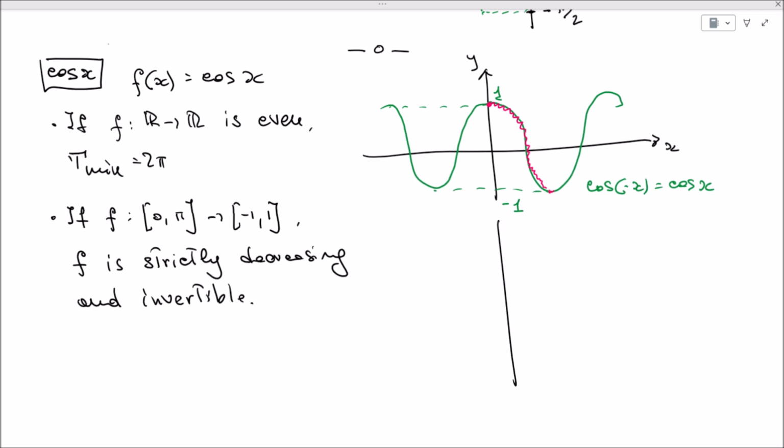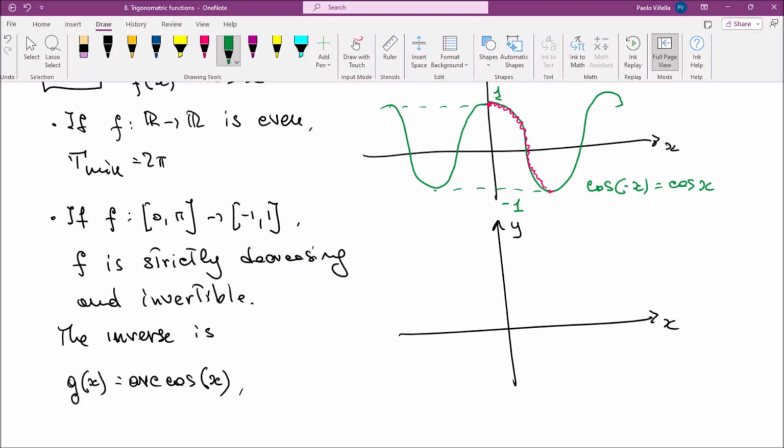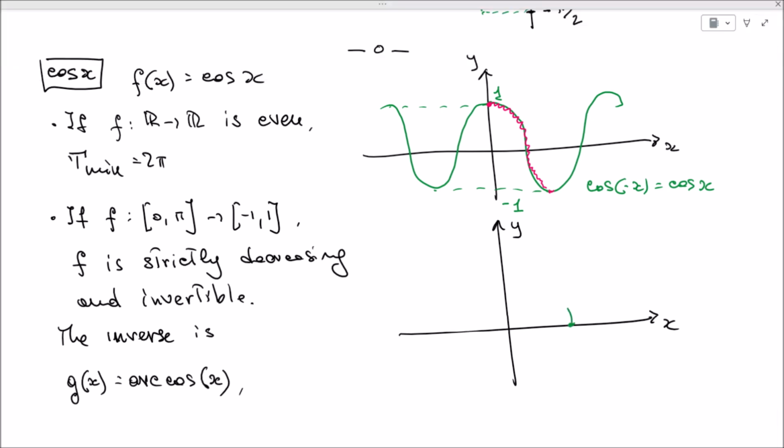Well, the inverse of this function, let me call it in general g, is g of x equal to the arc cosine of x, and again we can obtain this easily by just swapping once again the graph.